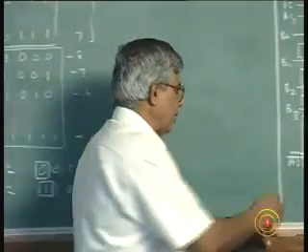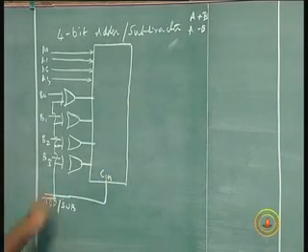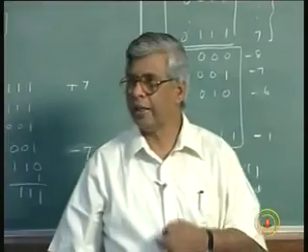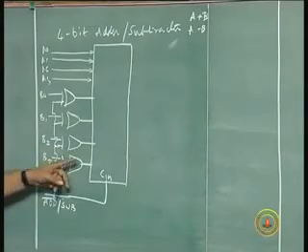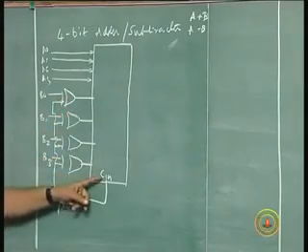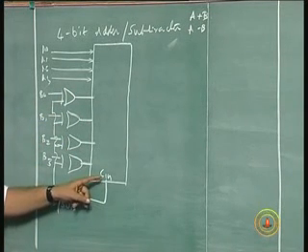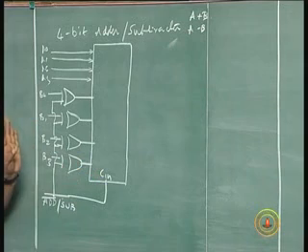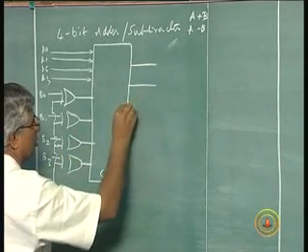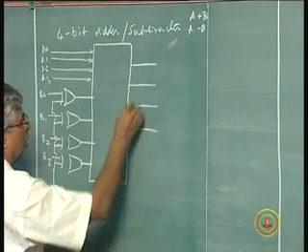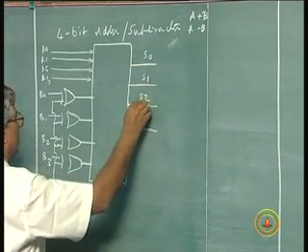And also the subtract signal will be used as a carry in signal. For addition, the carry in is 0. For subtraction, carry in is 1. Because with the 2's complement, this can only give you 1's complement. I would add one more to the 1's complement to get 2's complement. So in order to get the 2's complement, I have to add an extra 1 which is given here. Now the result would be S0, S1, S2, S3.